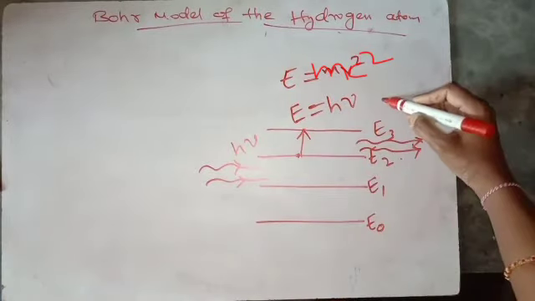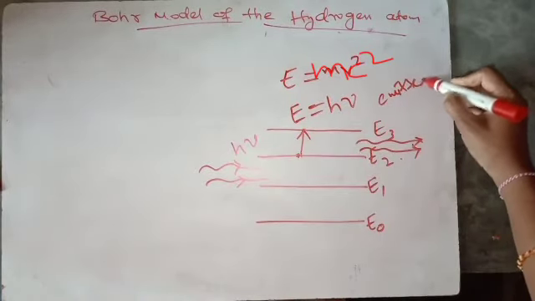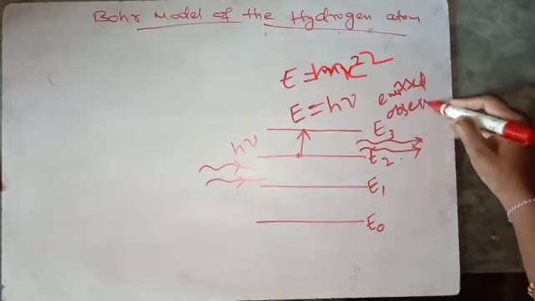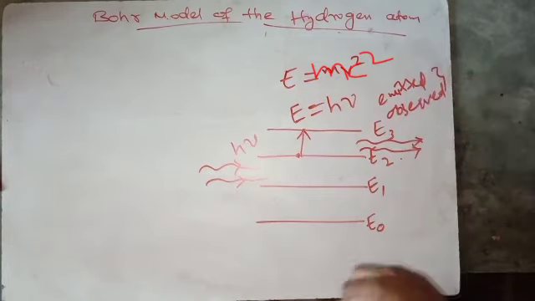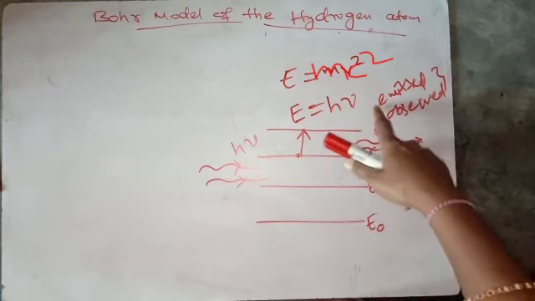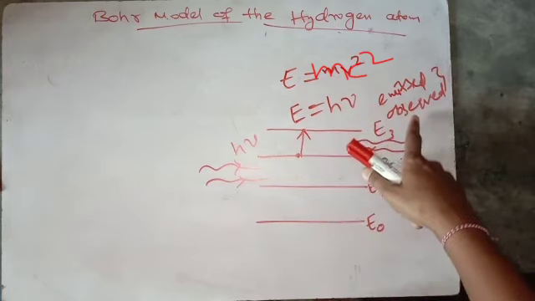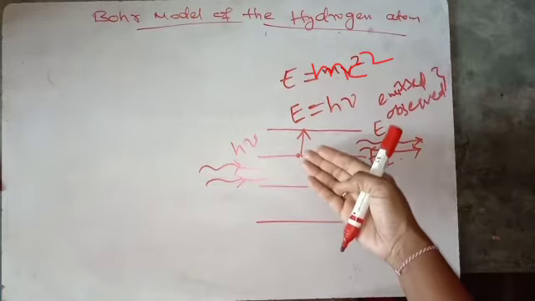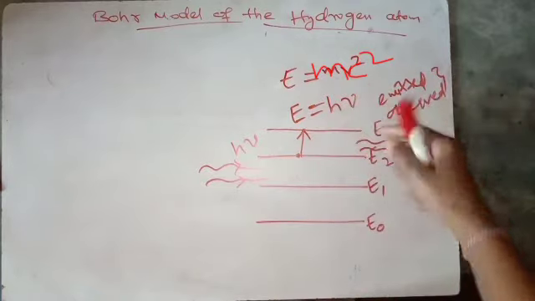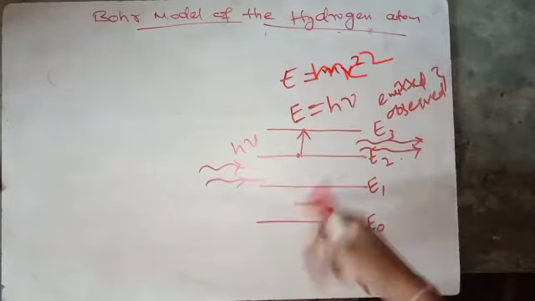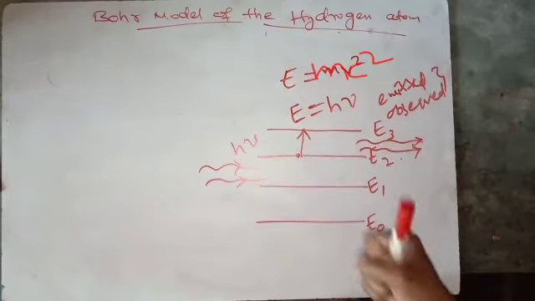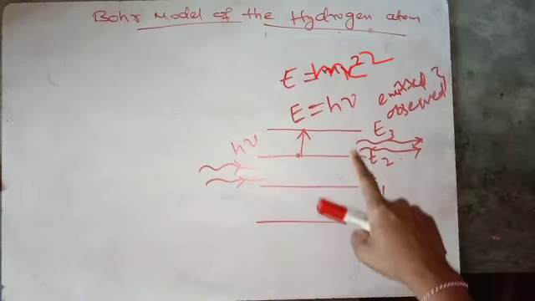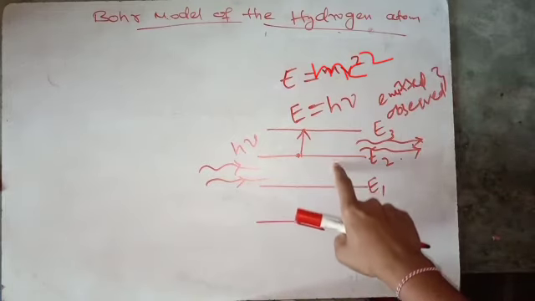There are two types of spectrum: the spectrum due to emission of energy and the spectrum due to absorption of energy. Whenever this electron emits energy, you will have an emission spectrum, and whenever this electron absorbs energy, you will have an absorption spectrum. There you will find the line spectrum.